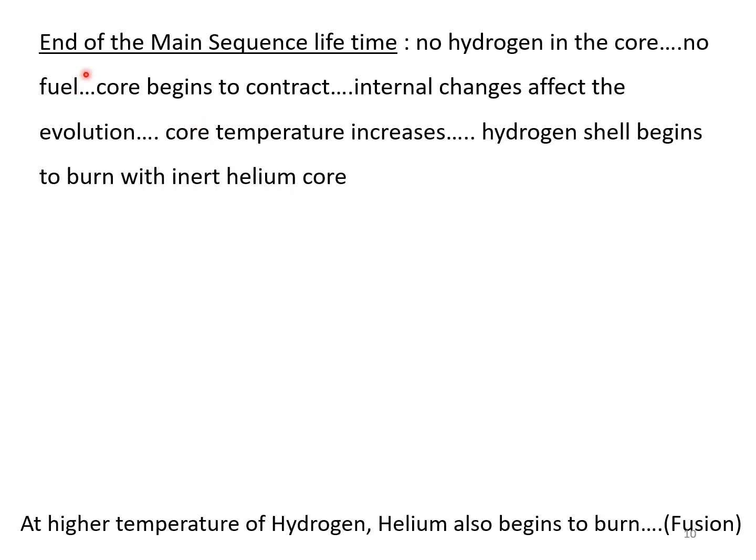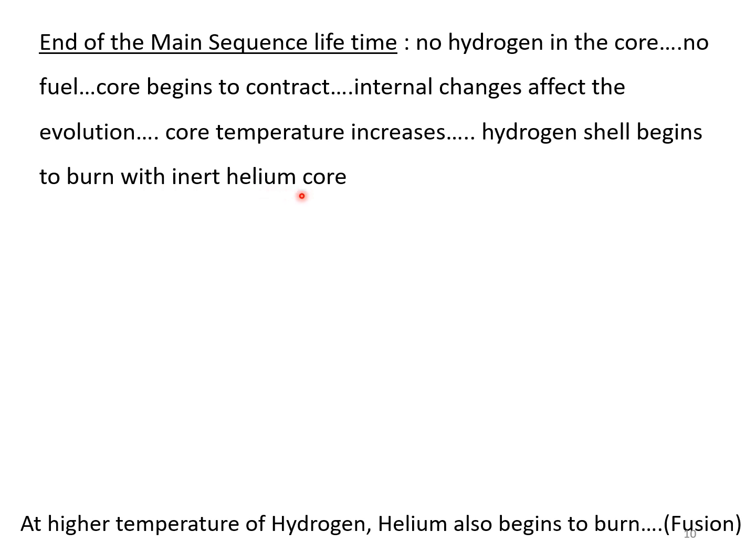And at the end of the main sequence lifetime of a star, no hydrogen is present in the core, therefore no fuel, therefore the core begins to contract, and the internal changes affect the evolution, and the core temperature increases, and the hydrogen shell begins to burn with an inert helium core.